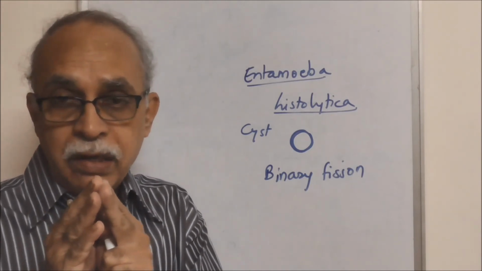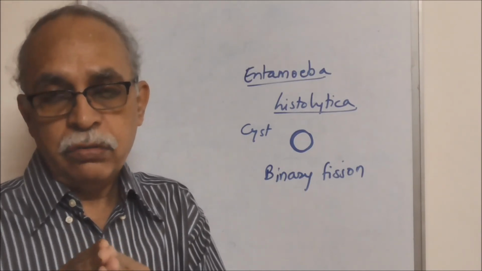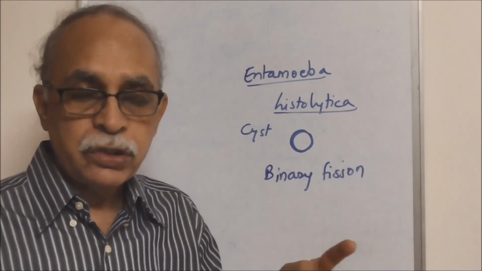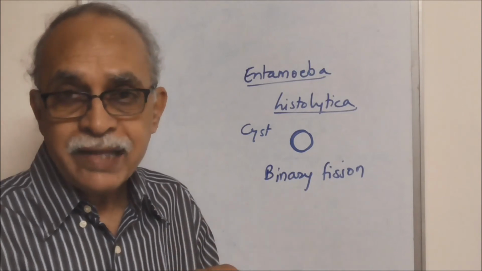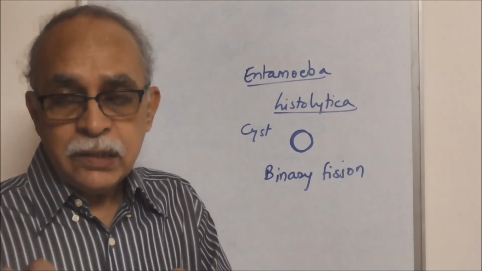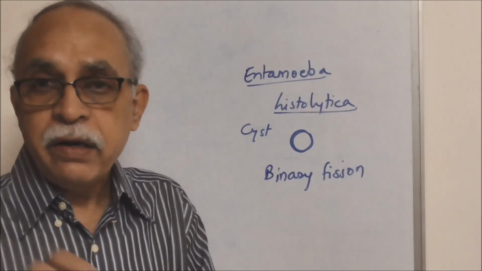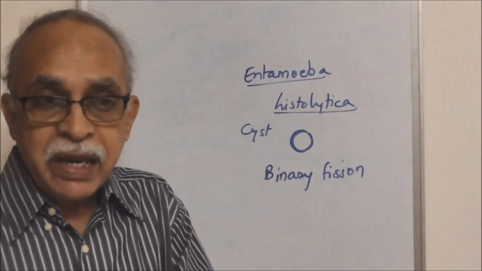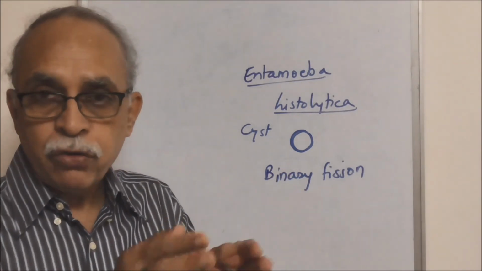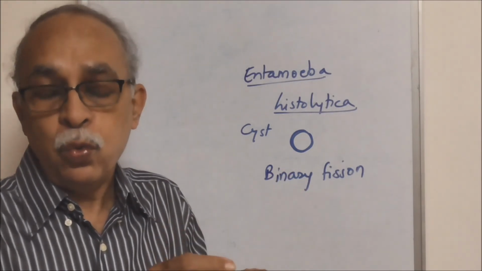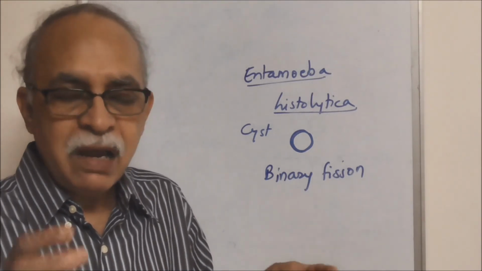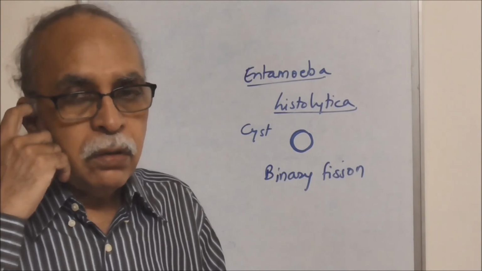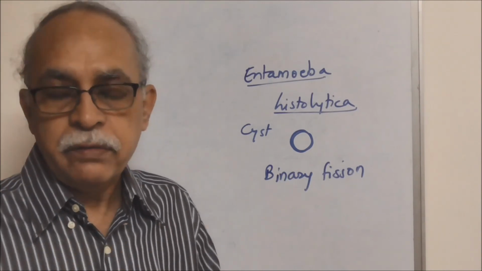Now that excreted cyst may enter another host through the feco-oral route. What is that? The cyst which is excreted by one human may be carried into milk or water or other food material through maybe a housefly or some other kind of carrier.